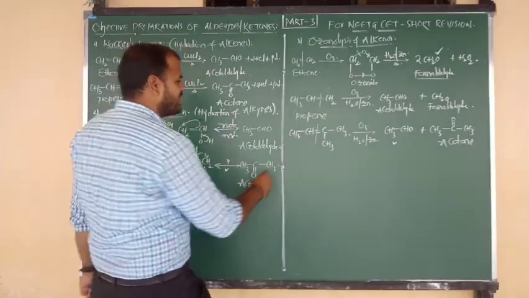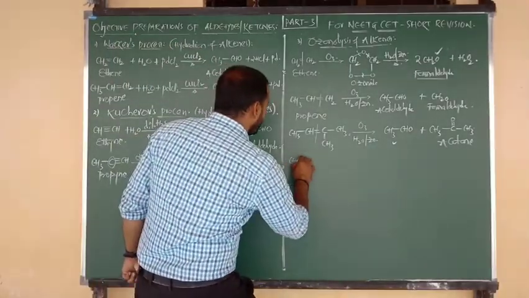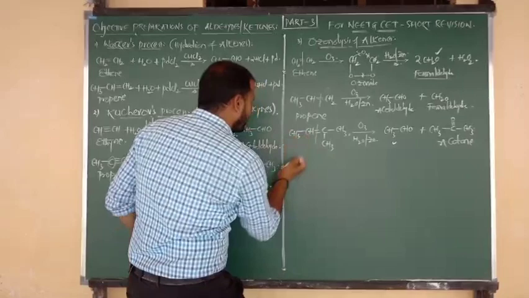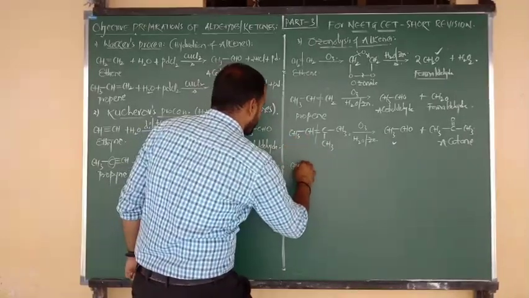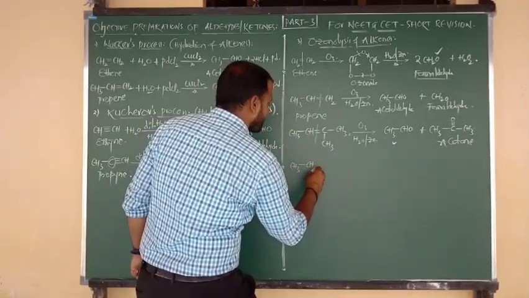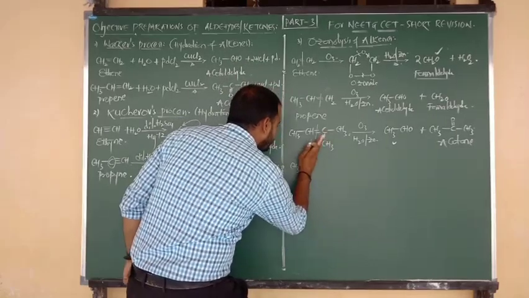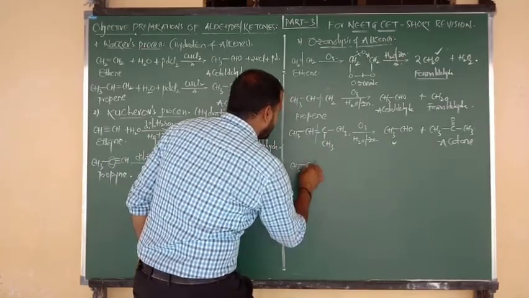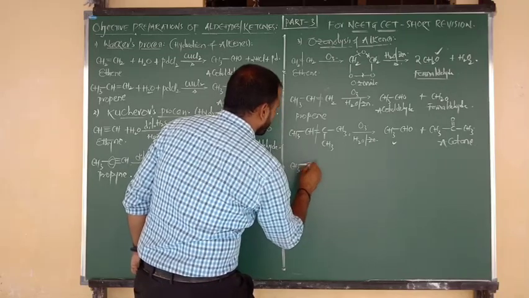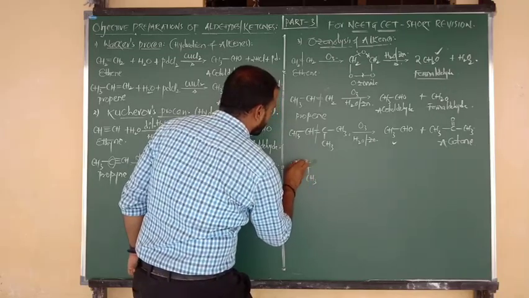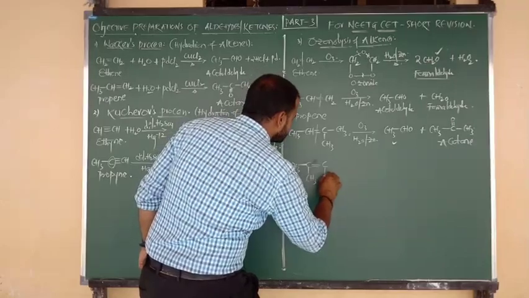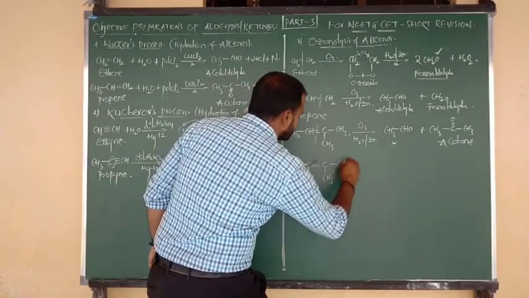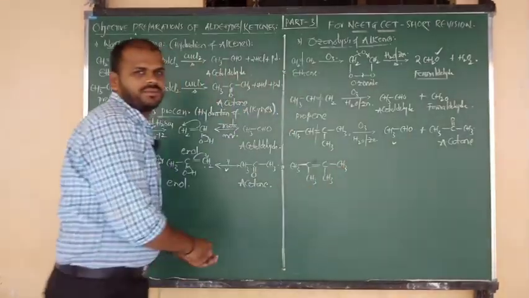One more I am going to write, listen carefully. CH3 bond C, below plane CH3, again double bond C, below plane CH3, again bonded to CH3.